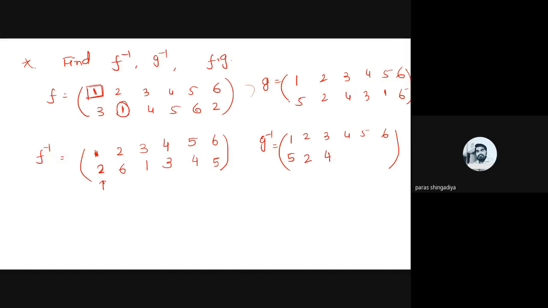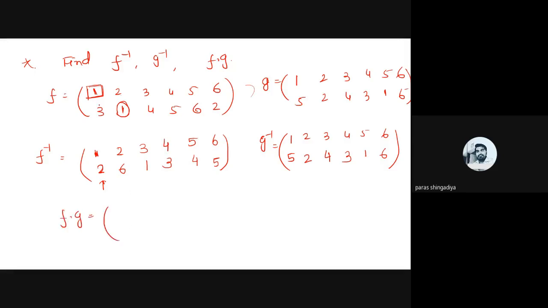And then the inverse of 4: 3, 4, 4, 3, so it is 3 here. Okay, the inverse of 5 is 1. And the inverse of 6 is 6 itself. Okay, so this way we can find the inverse element.